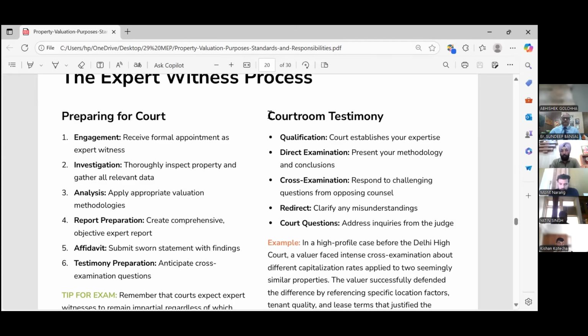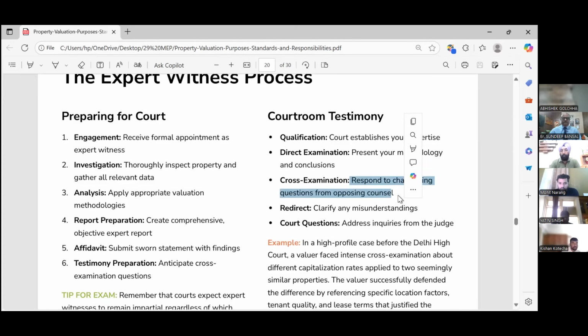And then in the court testimony, what you have to do is establish your qualification and your expertise, and then you may have to present the methodology and conclusions of your valuation. Then you may have to respond to challenging questions from the opposing counsel, and then clarify any misunderstanding.